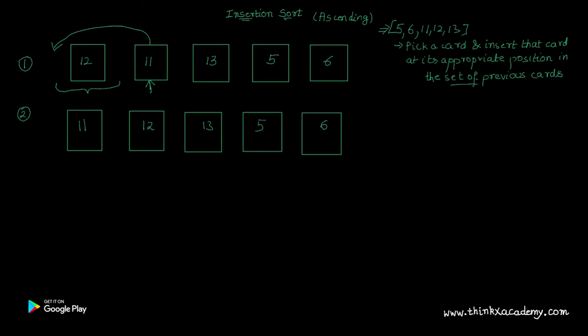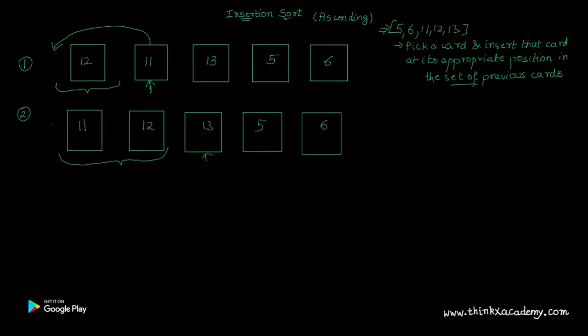Now we are going to pick up the next card, which is 13. You can see that the previous set of cards, if we choose 13, are 11 and 12. So we will have to place this card at its appropriate position. Since 13 is already at its appropriate position, we are not going to do anything.